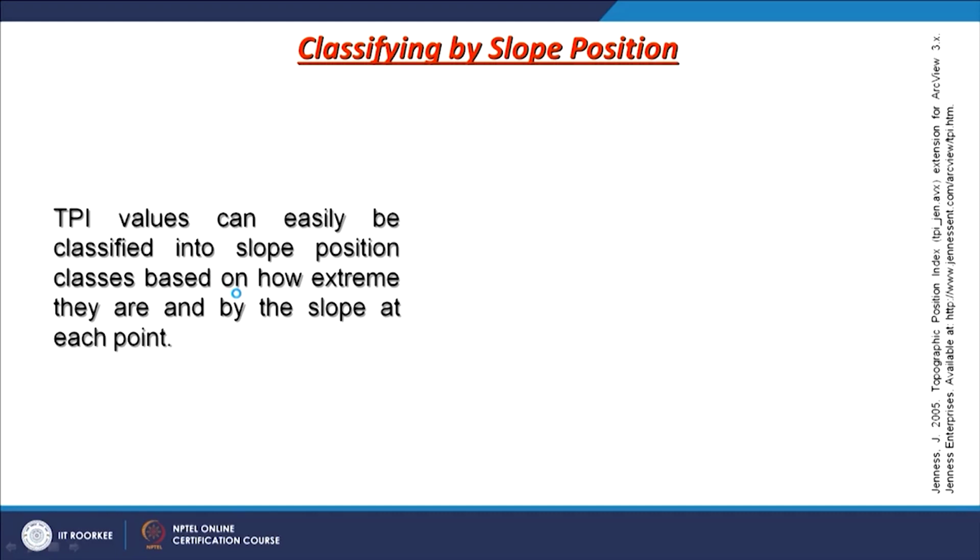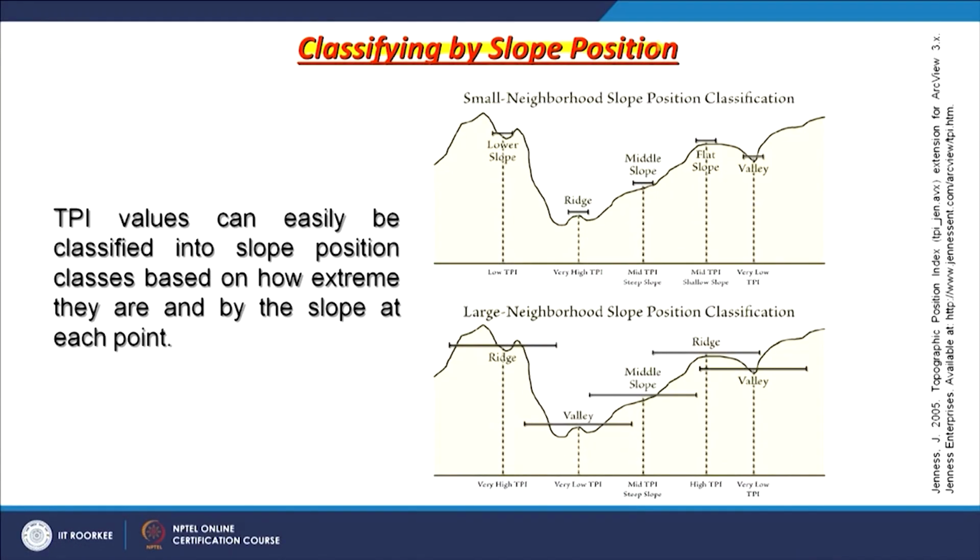Now, based on this we can also perform slope classification based on slope position, since TPI values can easily be classified into slope position classes. For example, with a small neighborhood, that means high spatial resolution, this area is identified as ridge, whereas in the case of coarse resolution this area is identified as a valley.